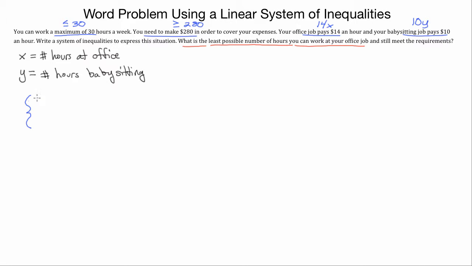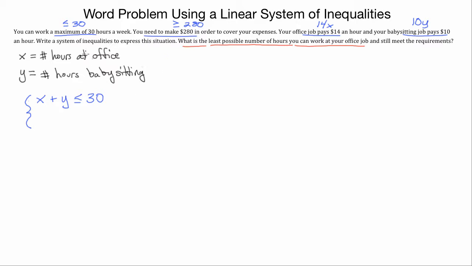So my first inequality is X plus Y is less than or equal to 30. That's taking this scenario and my variables and saying I have to work less than or equal to 30 hours in a week. That's the most I can do. So I combine my hours from babysitting and my hours from my office job, and it's got to total 30 or less.